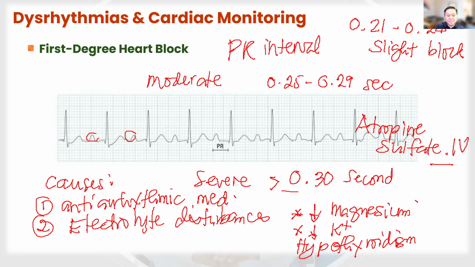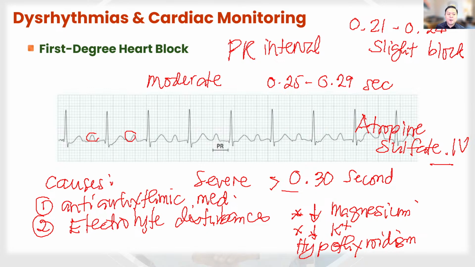Again, the atropine sulfate will be given to a symptomatic patient and when they have that bradycardia. Another thing that we can do for this patient is to correct the electrolyte imbalances, replace potassium, replace the magnesium. If they have hypothyroidism, we'll take a look. Have they taken their daily dose of the Synthroid or levothyroxine?